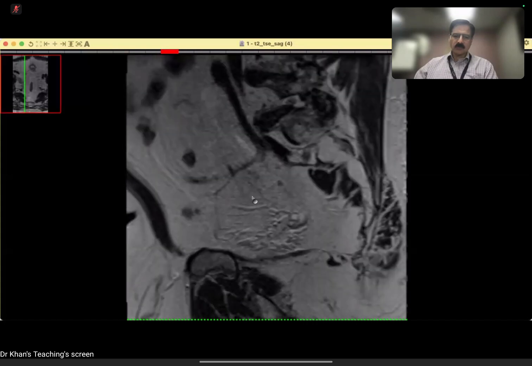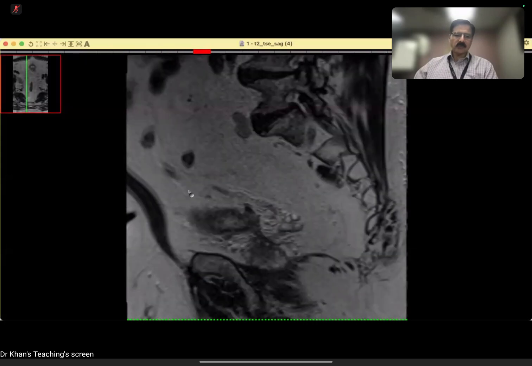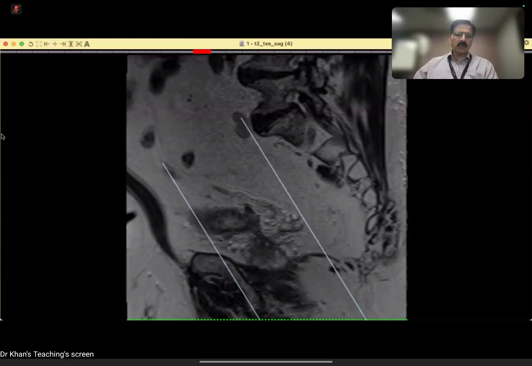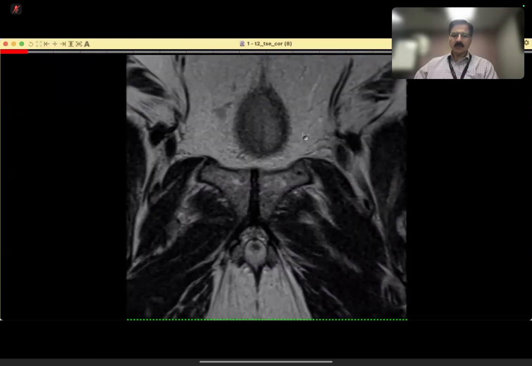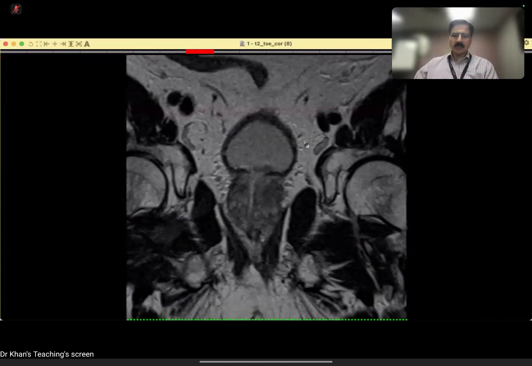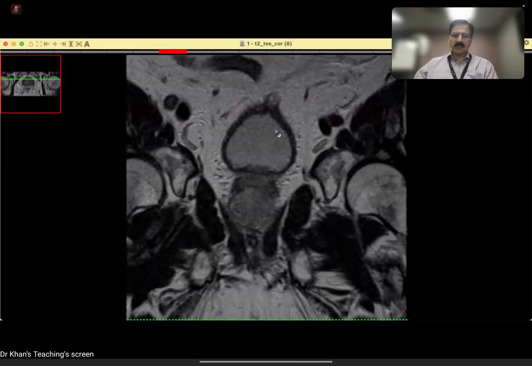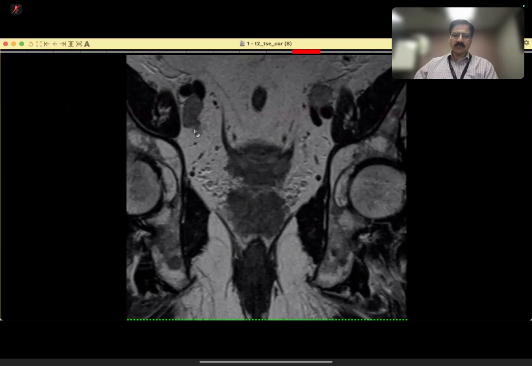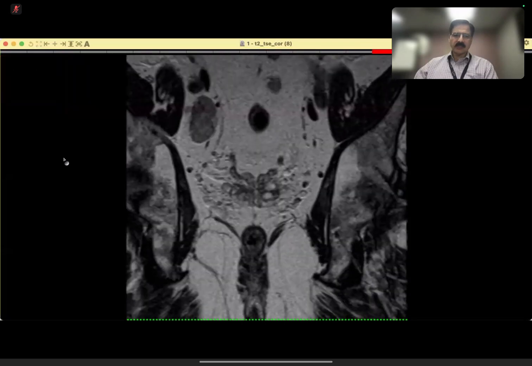These are lymph nodes, and on coronal, again the same findings. And you can see the lymph nodes here. Look at these lymph nodes there.